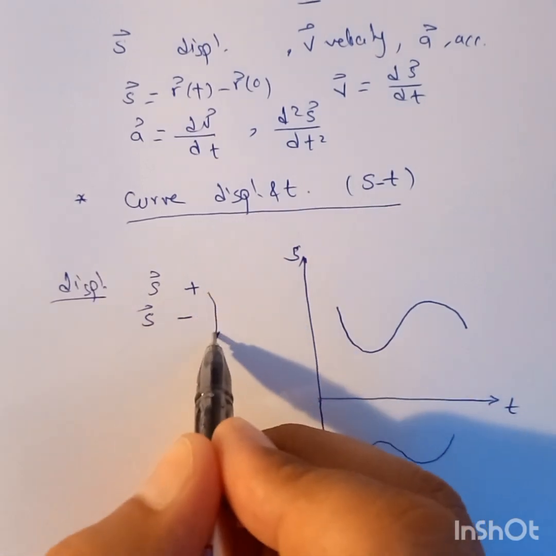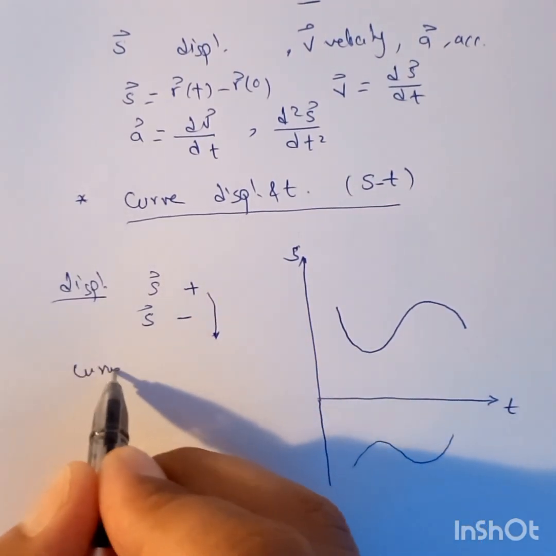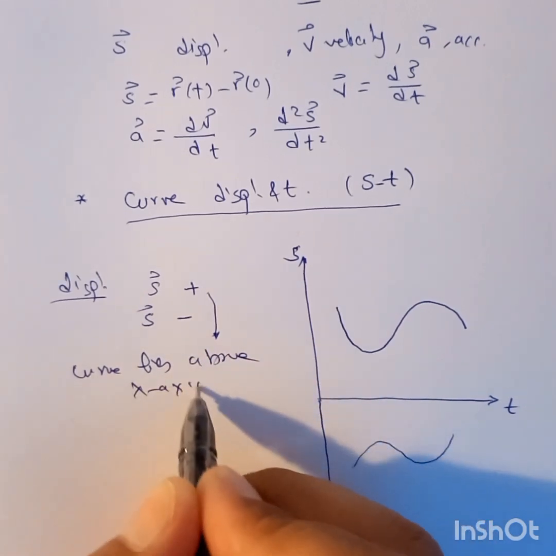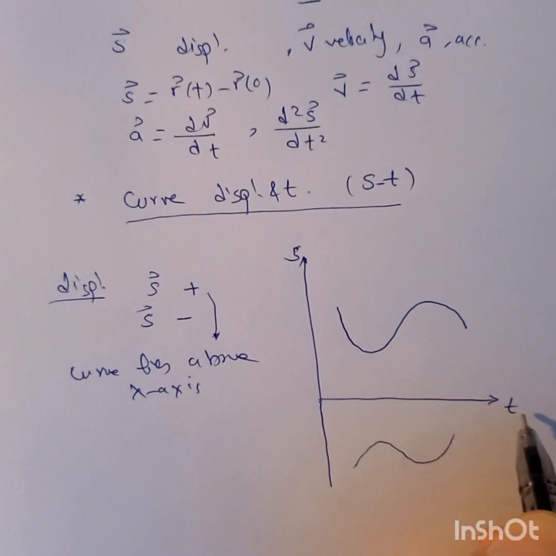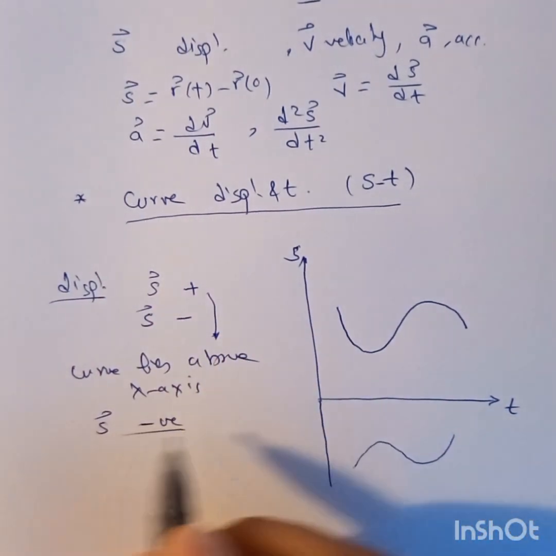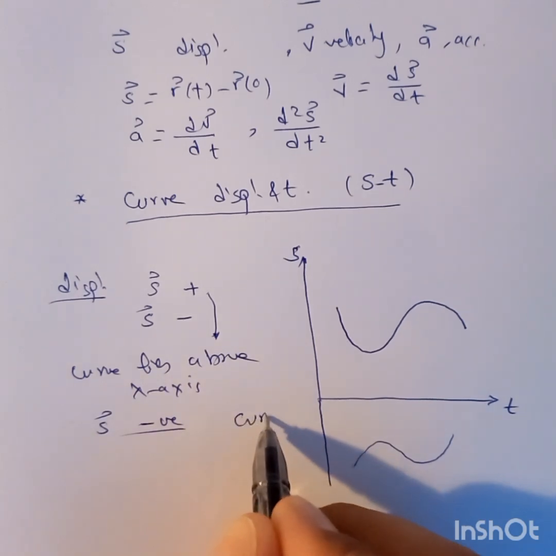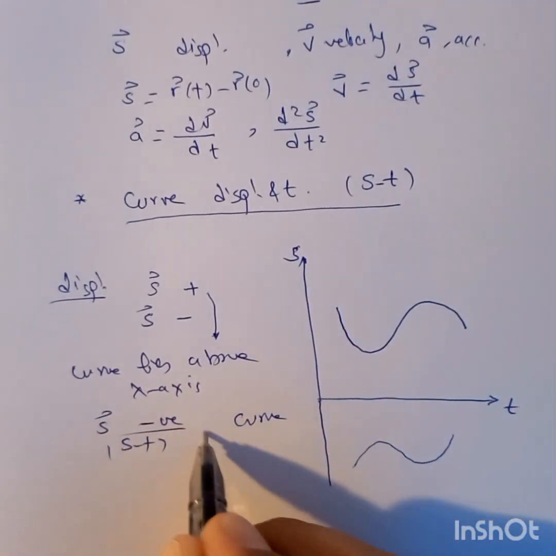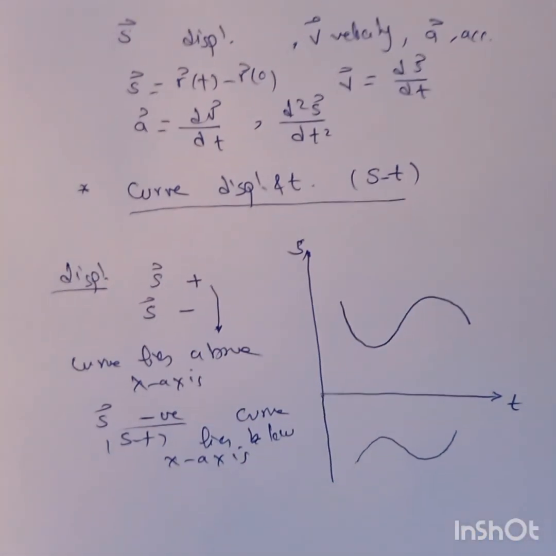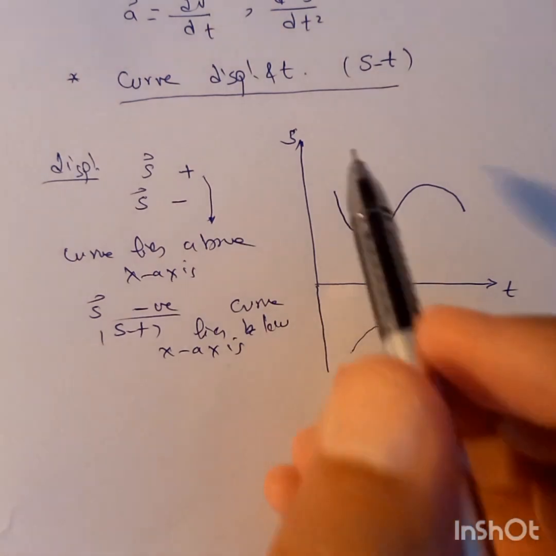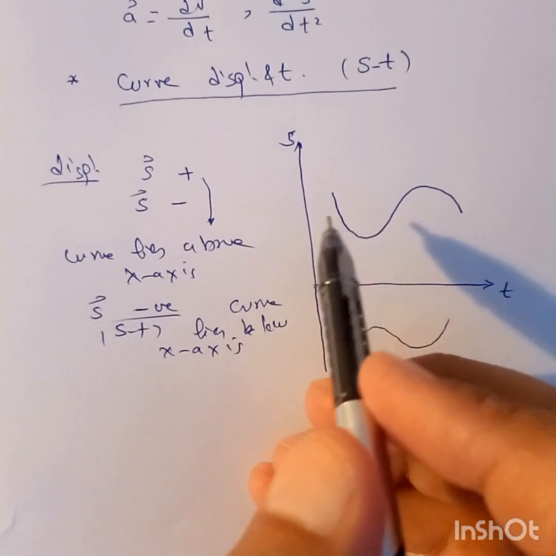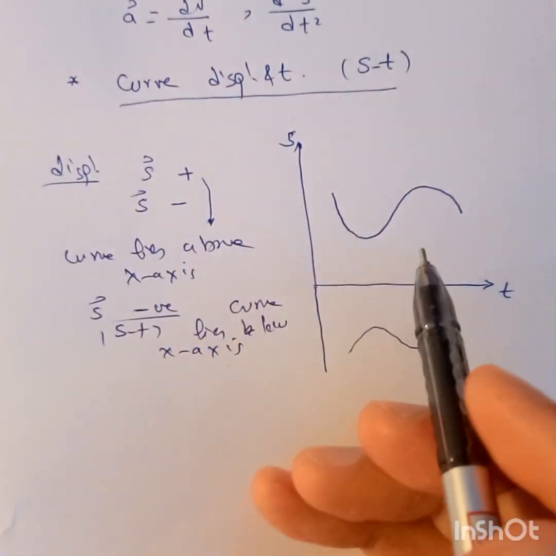So s is positive when the curve lies above the x-axis, which is represented by time, and s displacement is negative when the ST curve lies below the x-axis. This is the first point. So from this ST curve, we identified the sign of the displacement of the motion of this body.